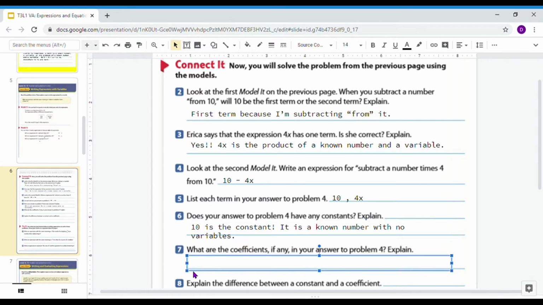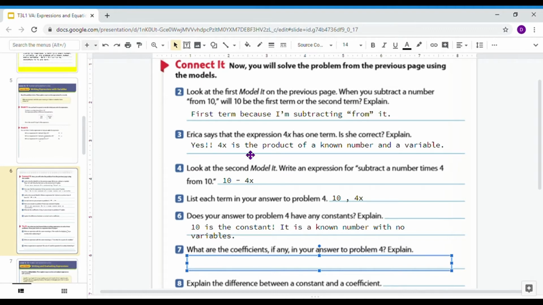Number 7, what are the coefficients, if any, to your answer to problem 4? So looking back at my vocab, I know that a coefficient is if one factor of a variable term is a known number, that number is the coefficient.